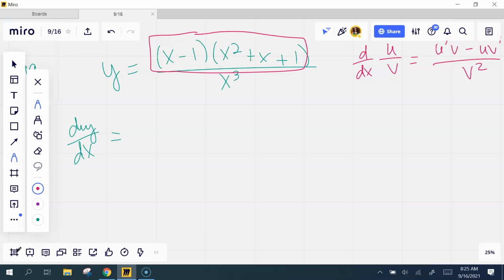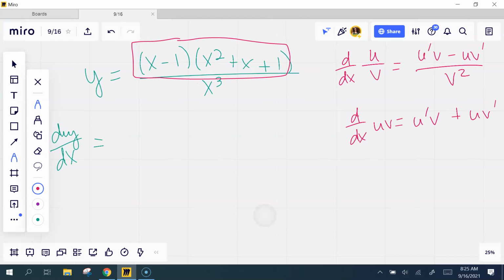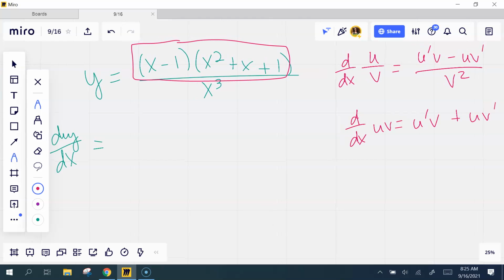product rule. So the product rule says I do the derivative of the first. So remember, if I'm doing the product rule, I'm doing derivative of the first times the second plus the first times derivative of the second. So derivative of the first is 1 times x squared plus x plus 1, plus the first times derivative of the second.